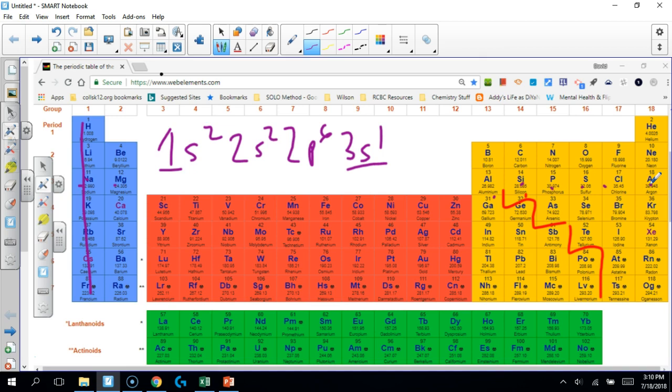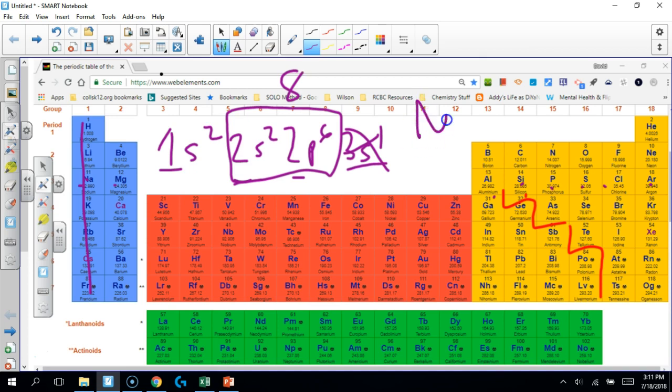But watch what happens. This is what makes it fun and interesting: what if we lose 1 electron here? What if we just lose the 1 electron? What ends up now becoming the valence? Look. Now the outermost shell is the second shell, and notice that there are 8 electrons in its outermost shell.